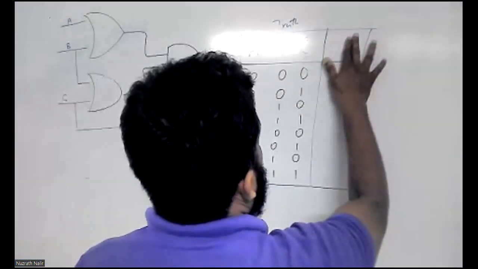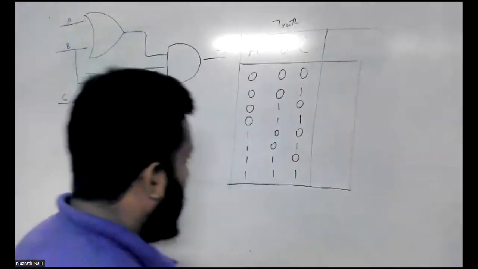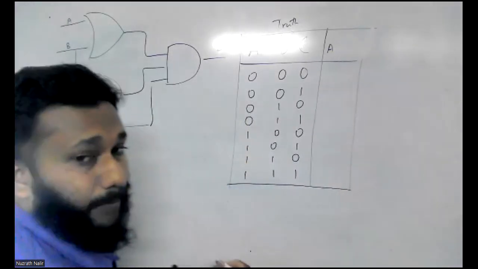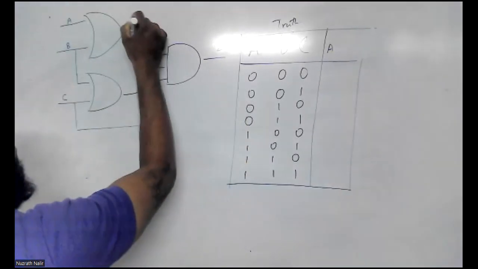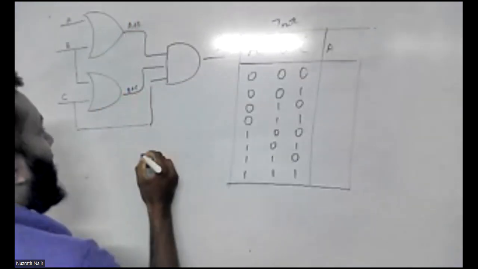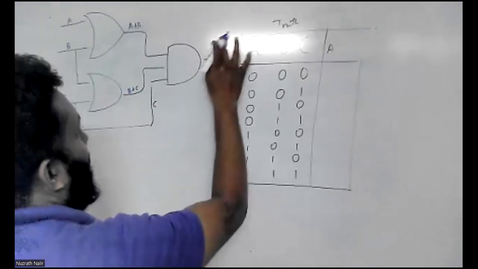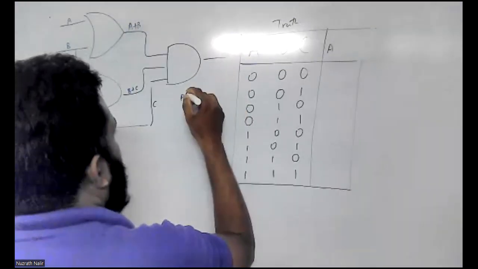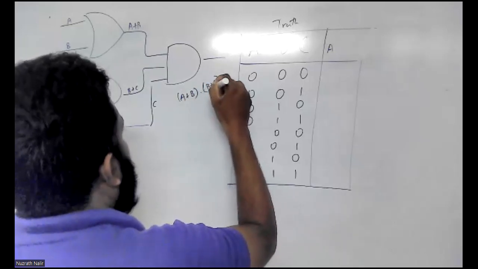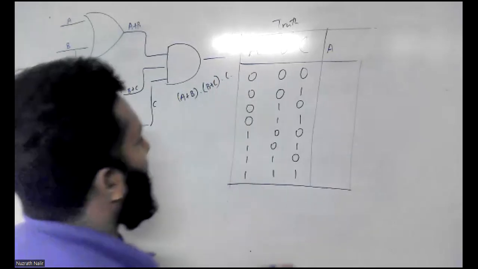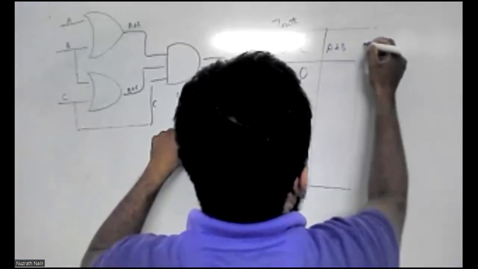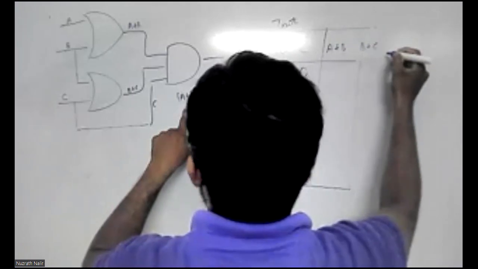Let's check the combinations: A plus B, B plus C, and C. So the total AND is A plus B and B plus C and C.